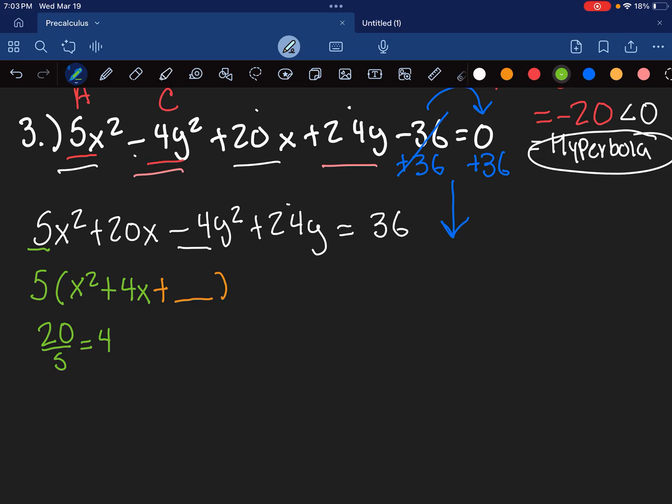Sorry, let me change this. -4, and then put a y squared plus, we know that 24 divided by -4, that equals out to -4. Let me make sure. Sorry, not -4, 6. Okay, so what we're going to do is do -6 here.